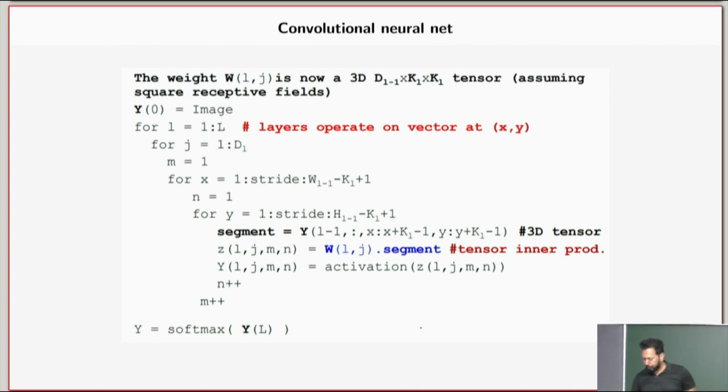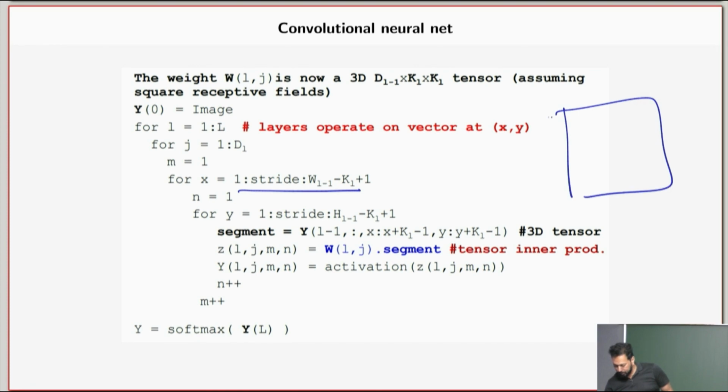This is the for loop for the x pixels, and this is the for loop for the y pixels. This is saying how much stride I want to take when I'm moving to the next set of x. Similarly, here this is the stride for y. So it's saying how many pixels I'm going to skip. Everything else is the same. It's just that we change the stride, and you can change this in the code.